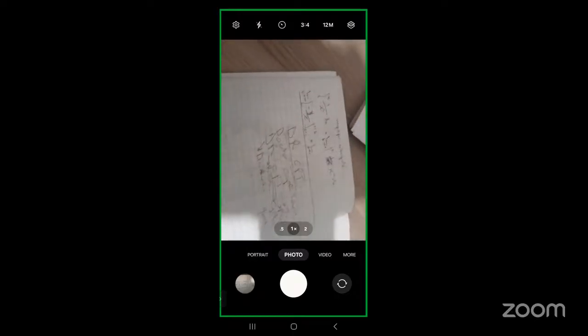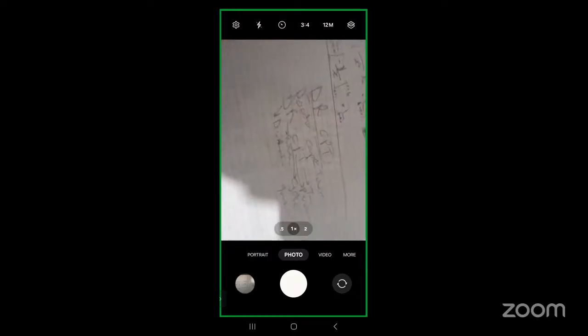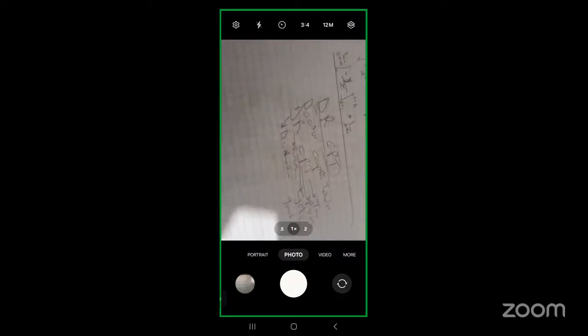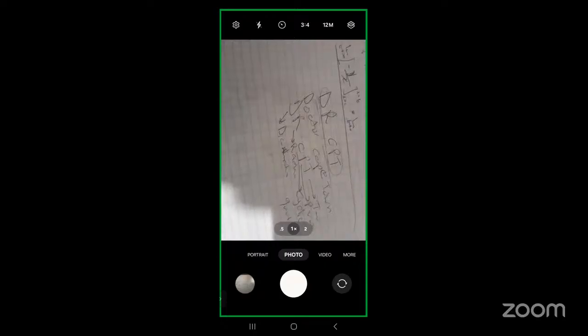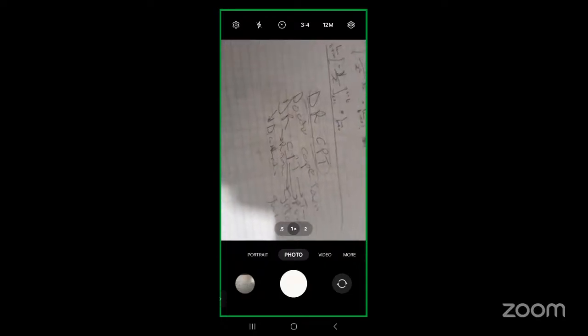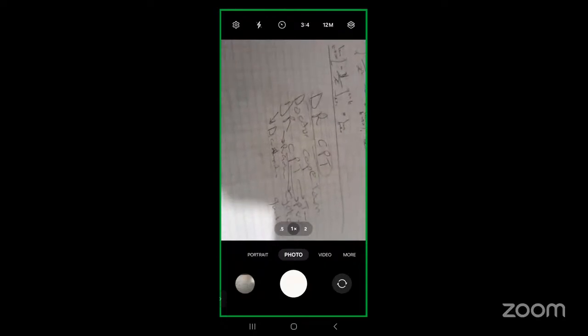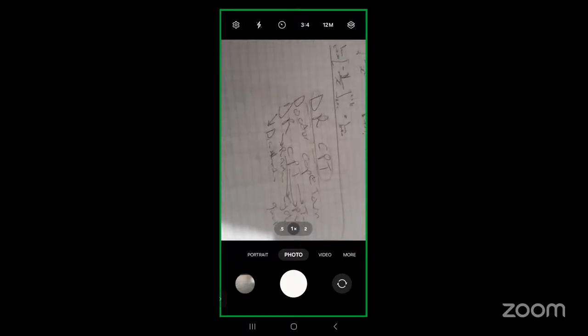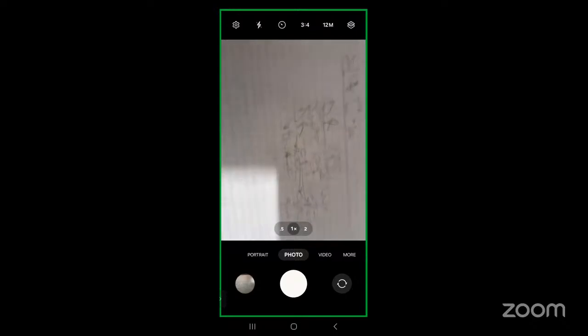Yeah, now it shows the full thing. It's better. So can everyone see now? Yes, sir. Okay, then I think we can move.